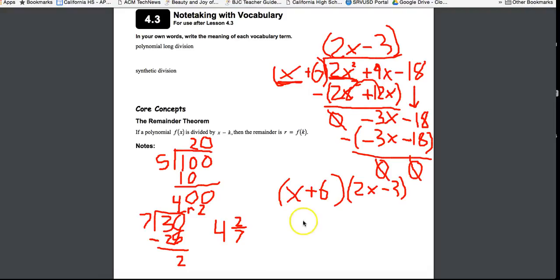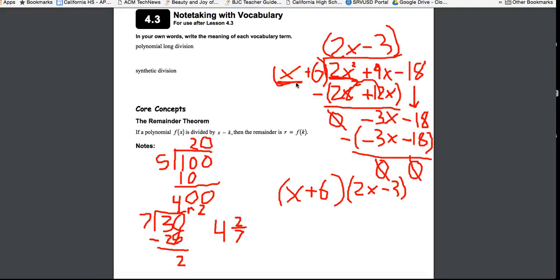So I always like to think back to this long division with numbers that we did in elementary school. It helps me remember how we write remainders in this long division. I always remember we're only working with the first numbers here.